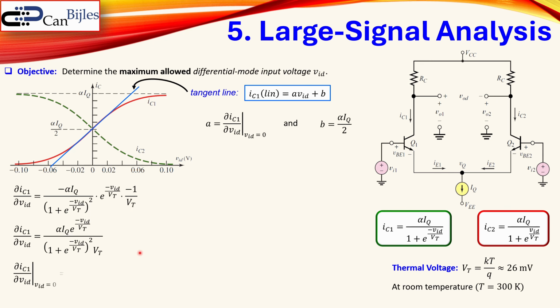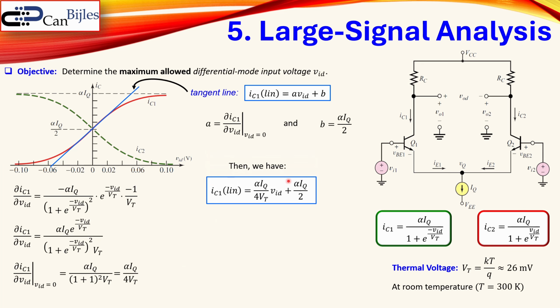If I now evaluate this at VID equal to 0, this is a 1 and this is a 1, so you get 1 plus 1 squared. This is IQ times alpha, and you get now IQ over 4 times the VT. That's the result for the slope. So I have a slope, which is A, equal to alpha IQ over 4 times the thermal voltage.